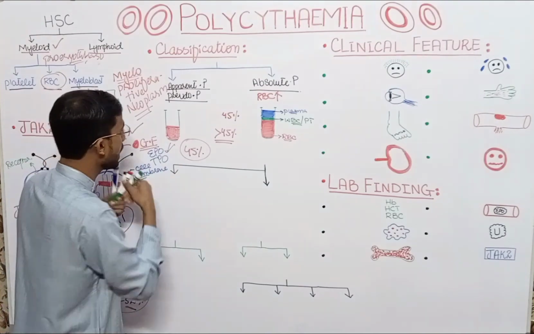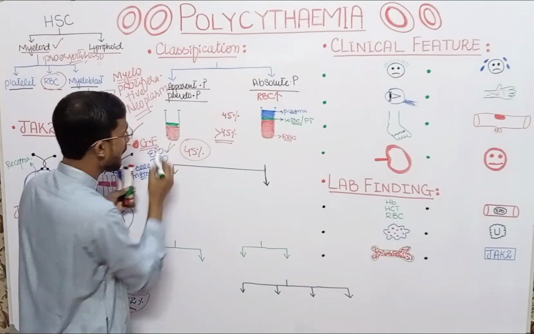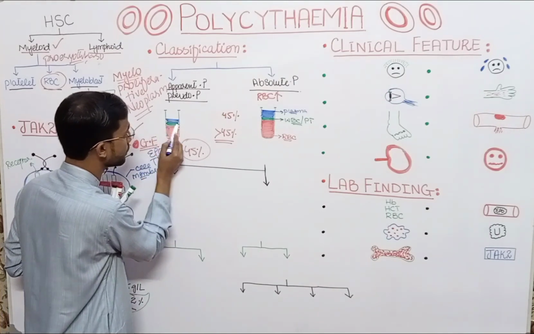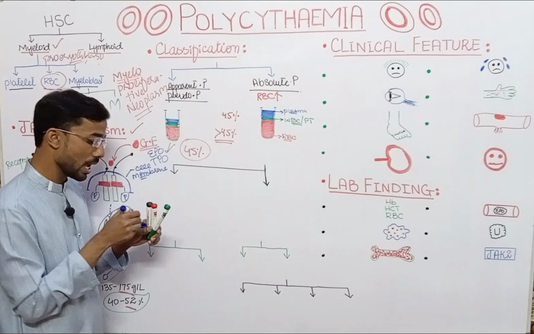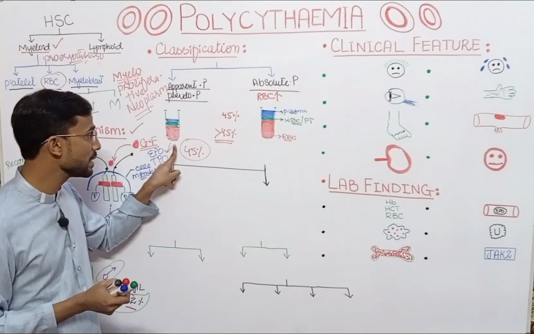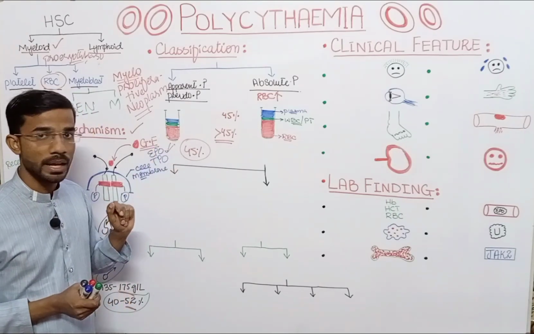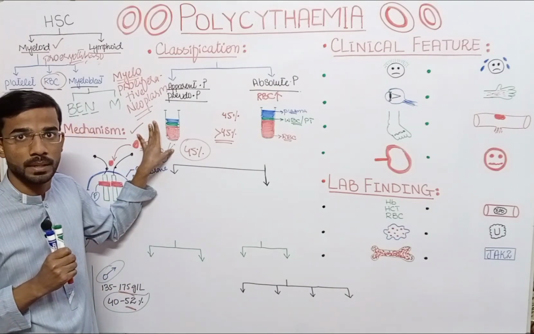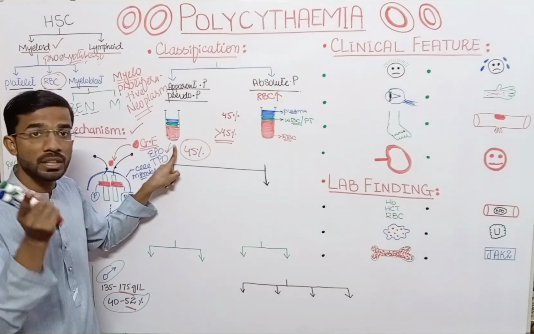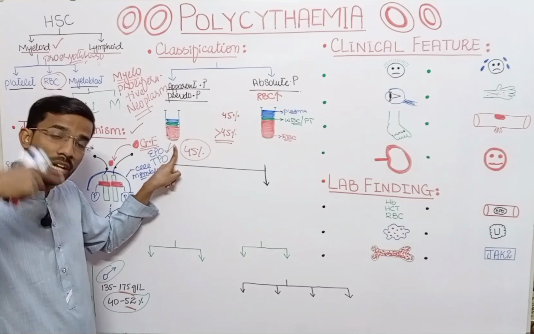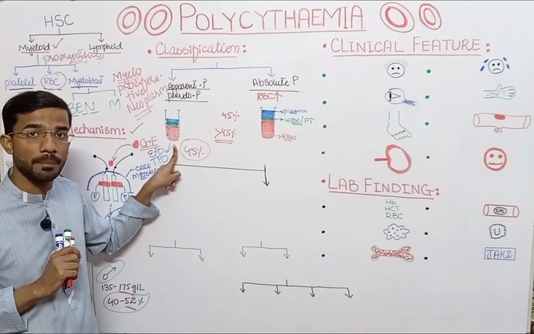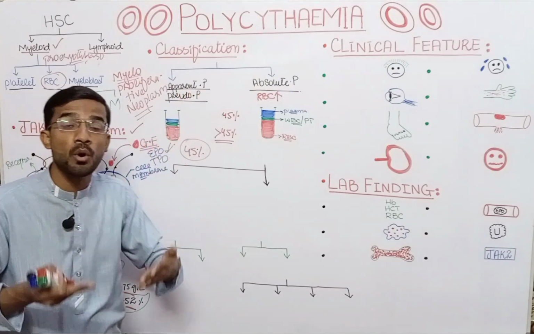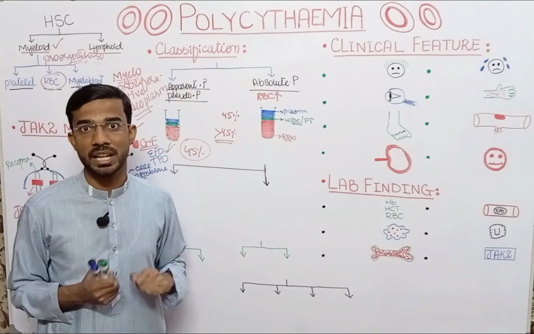So the RBC amount is normal but the plasma is reduced, and it looks like polycythemia. But in that situation, the number of RBCs is never increased. We call it apparent polycythemia, pseudo polycythemia, or false polycythemia.